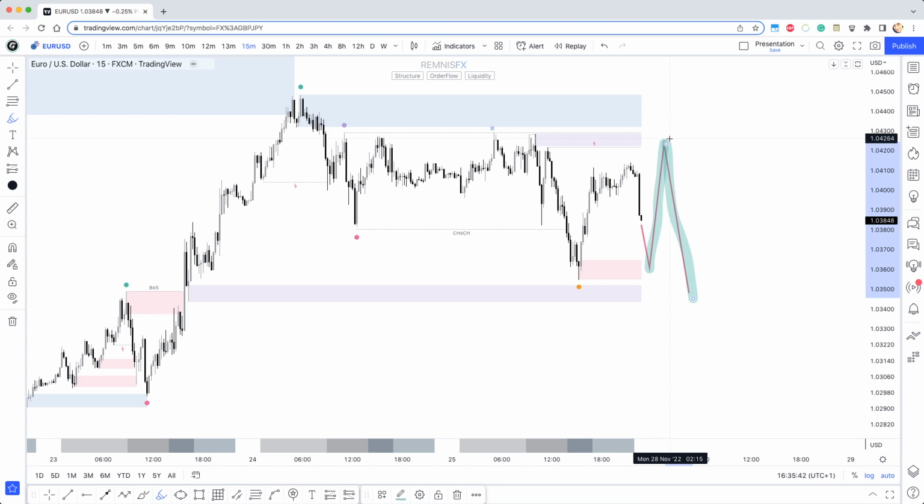If you do see an entry model, then definitely you can take a buy to sell position, and perhaps if price comes here, you get out again, and you can do a sell to buy position. Okay, and within this area, let me just quickly move these a bit, something like that.